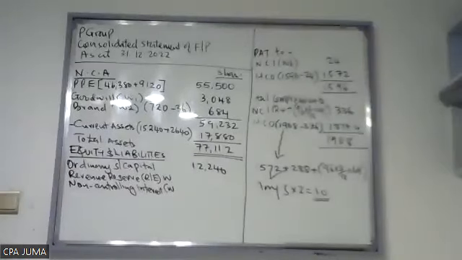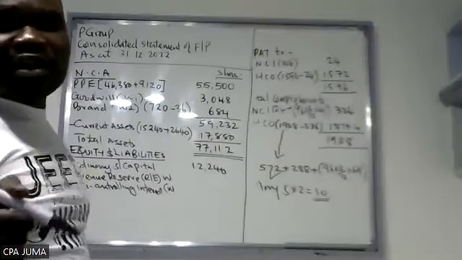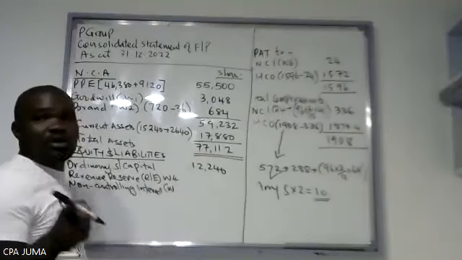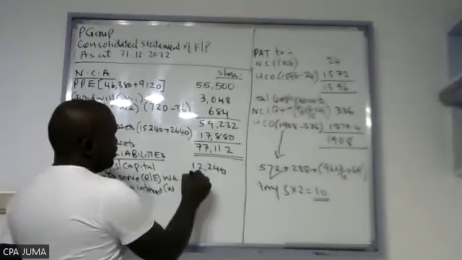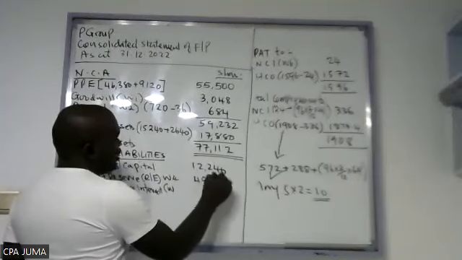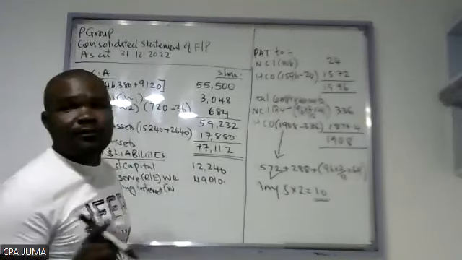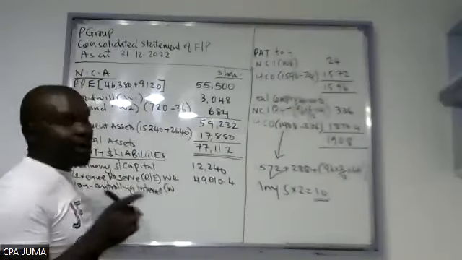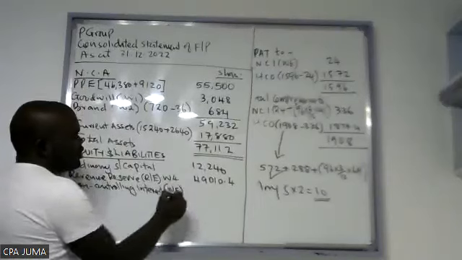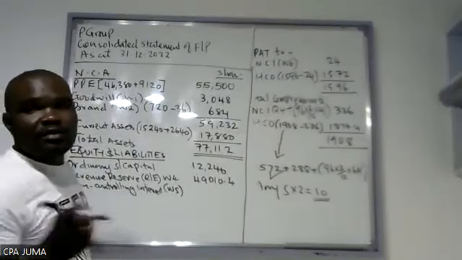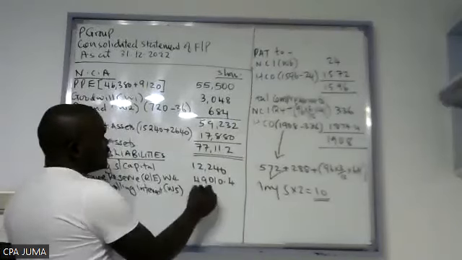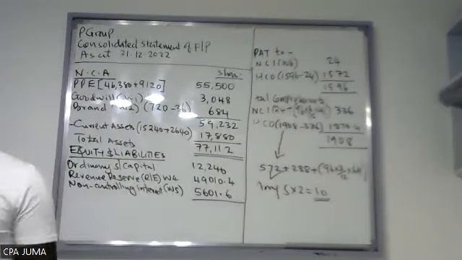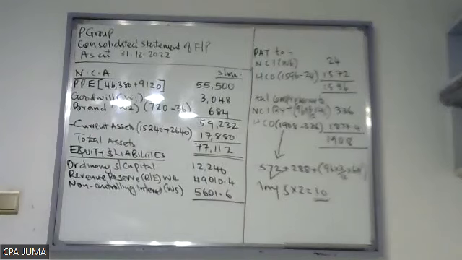So give me the flow. Working 4: 49,010.4. Then the other one is working 5: 5,601.6. Add if you are okay with the figures.